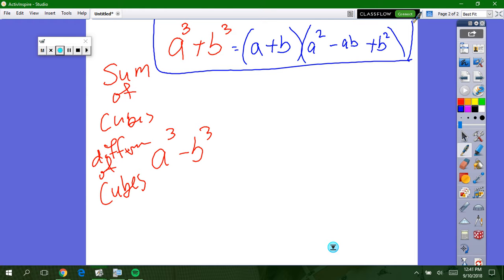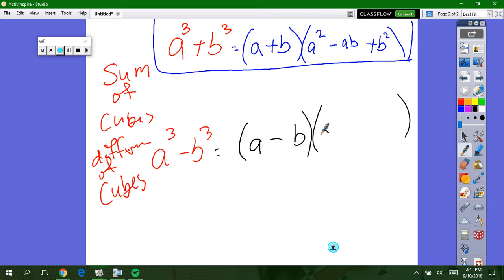Okay, obviously, what do you guys think the bottom one would be? Cube root of a cubed, a. Cube root of b cubed, b, but this time we're going to have a minus there. A times what gives me a cubed?